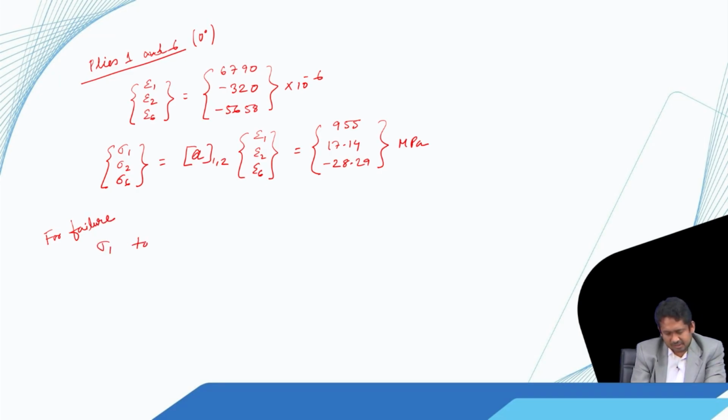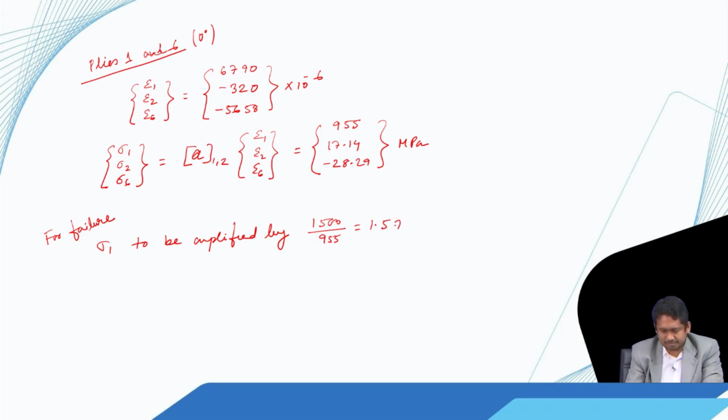Now, for failure, sigma 1 is amplified by a factor 1500 by 955, which is 1.579.